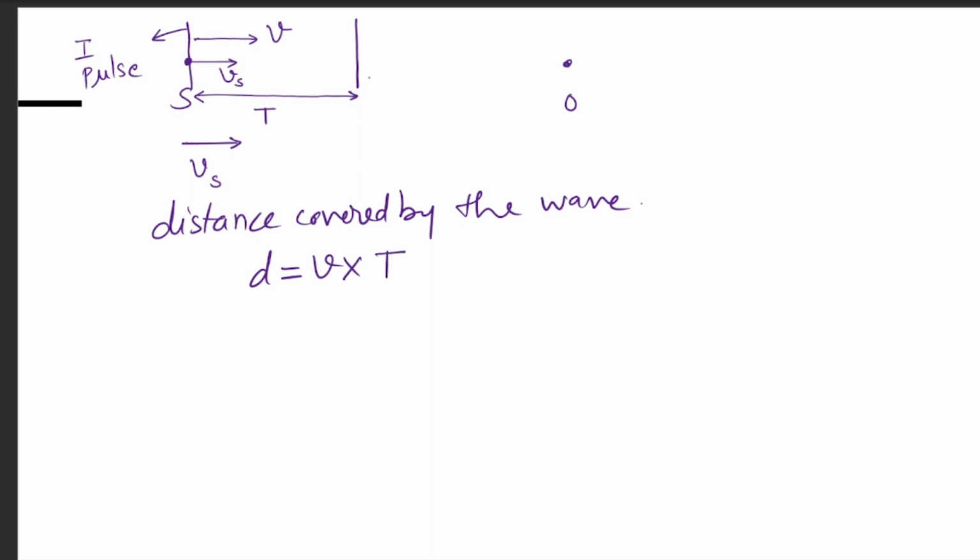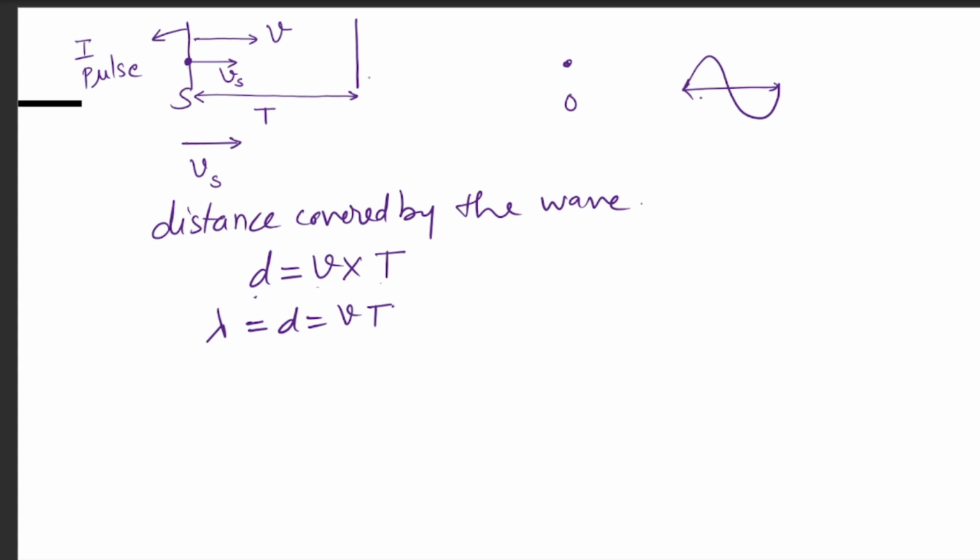Now if you see carefully, velocity into time period is equal to distance, and this is the distance for one cycle, because the wave completes one cycle in one capital T. So here we can write lambda is equal to d, which is equal to vT.